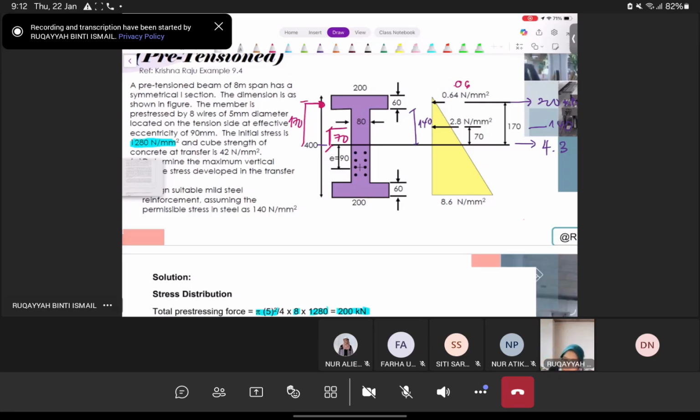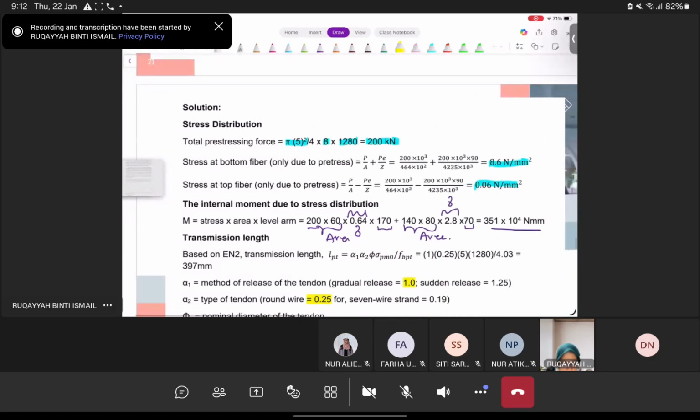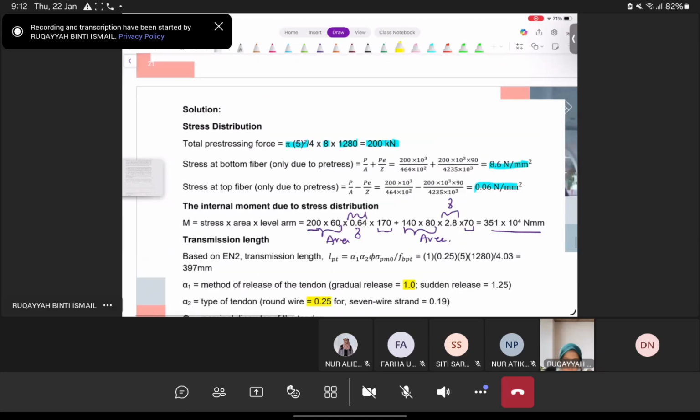So then that will give you 0.06, all right, and also 8.6 for the bottom stresses, at the bottom fiber. Okay, so we have this one at the bottom, and then we have the top. 0.02 is almost 0. Okay, so then we want to calculate what will be the total moment area.